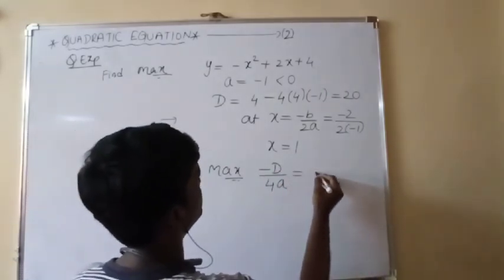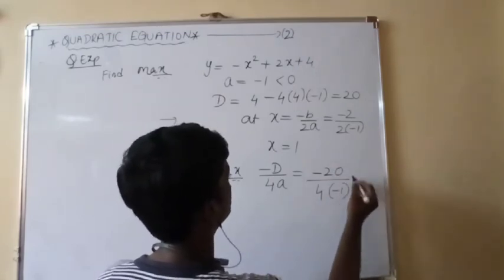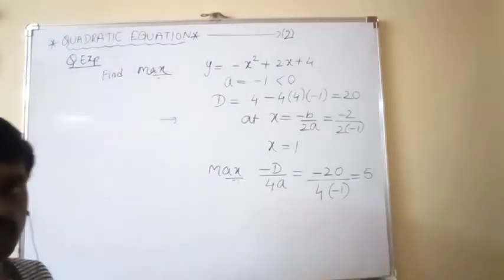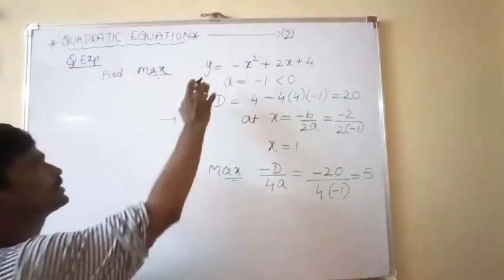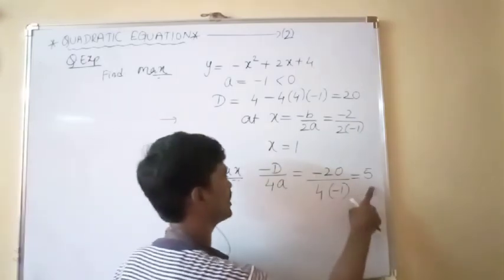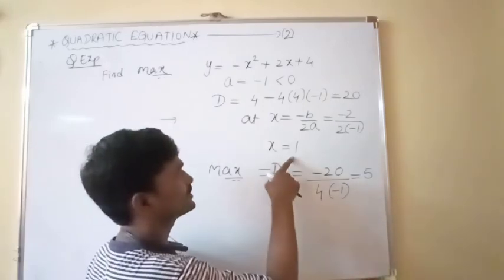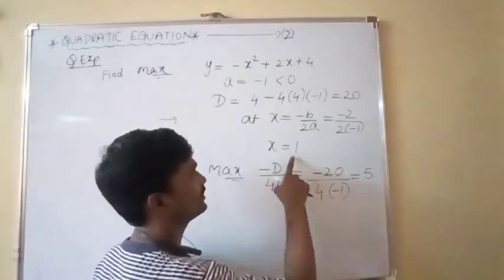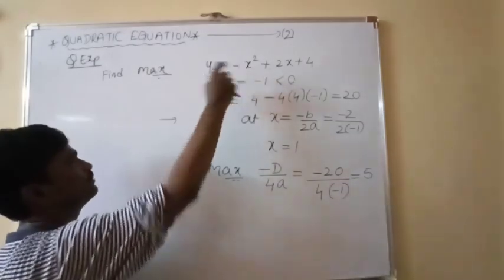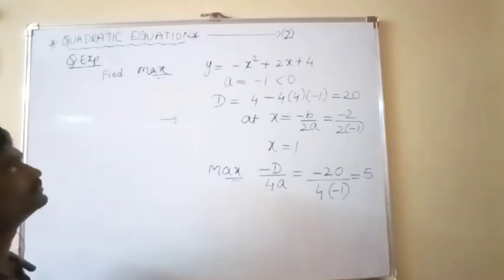Minus d is minus 20, 4a is 4 into minus 1, so you get 5. Minus 20 by minus 4 is plus 5. So this quadratic function has a maximum value when x is equal to 1, and its maximum value is 5. This is the functional value. Then (1, 5) becomes the vertex of that parabola.